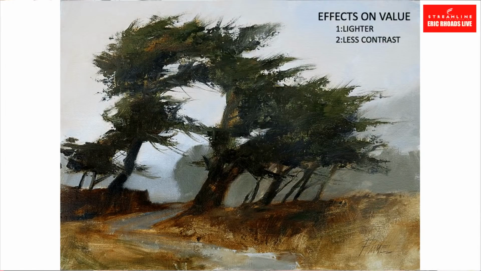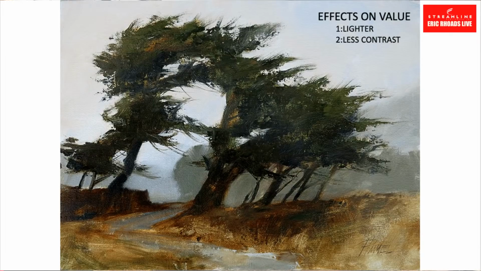Objects get lighter because fewer wavelengths are coming toward you, and there's less contrast between those objects. I've used this painting so you can see behind the trees that everything is getting considerably lighter. I think that was a rainy day, so that increased the effect, but that happens: lighter and less contrast between objects.